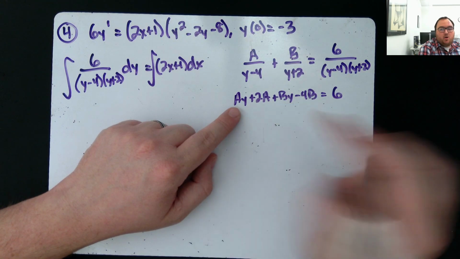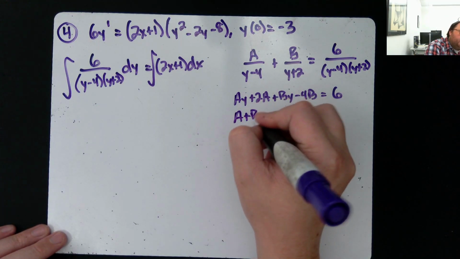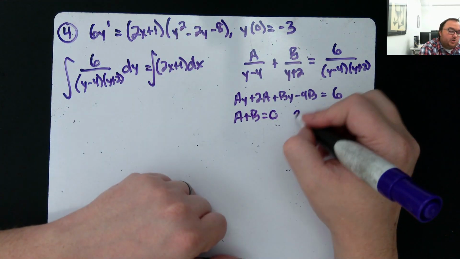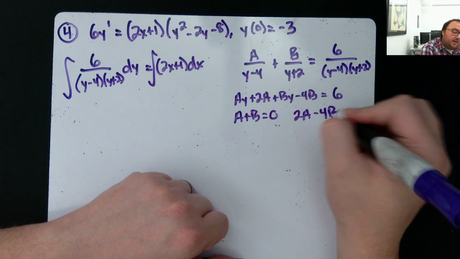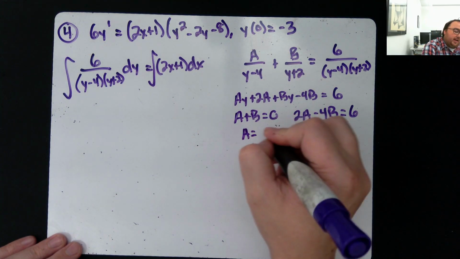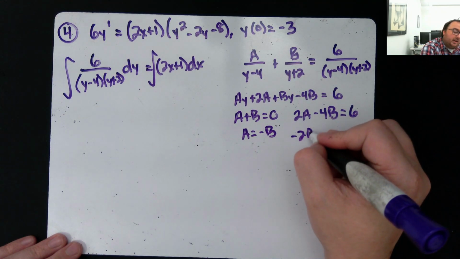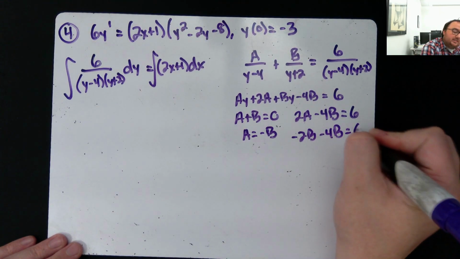Ay plus by, notice there's no y terms over here, so a plus b is equal to 0. And that leaves 2a minus 4b to be equal to 6. So subtract b, a equals negative b, so that's going to be negative 2b minus 4b equals 6.